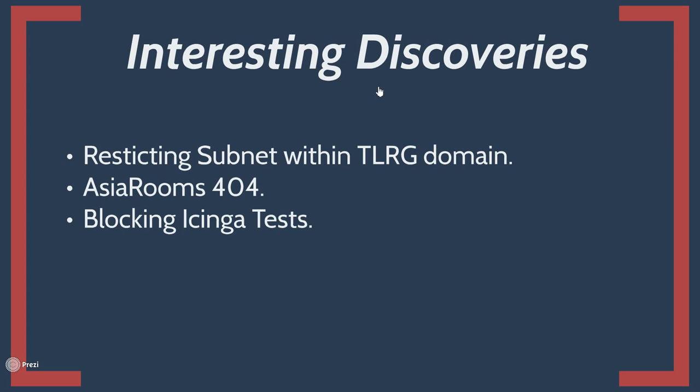And Asia Rooms 404. About 6 months ago, when our application was still relatively new, the way that we made sure that Asia Rooms was being shown instead of late rooms was by using a route, and so Varnish was pinging the box with /en-gb/8 Asia Rooms, and then we started 404ing this because we didn't want any traffic coming through.